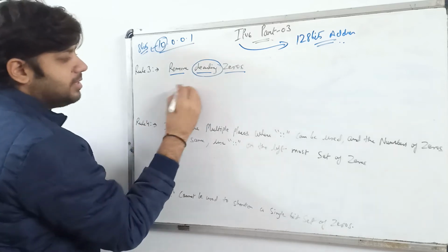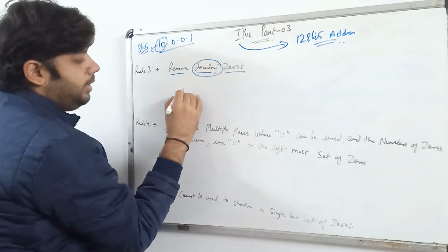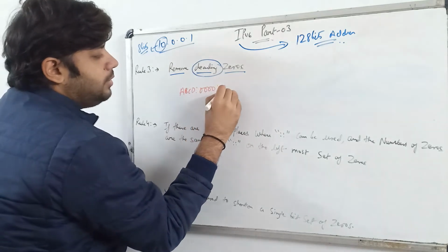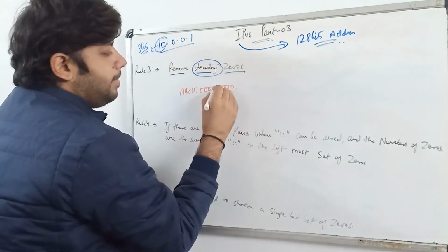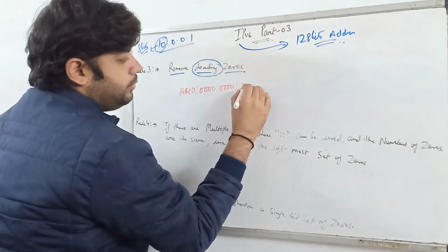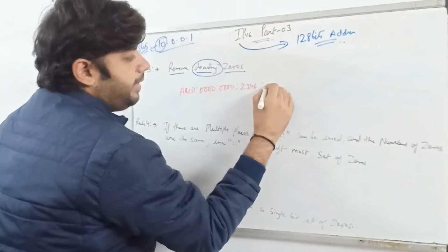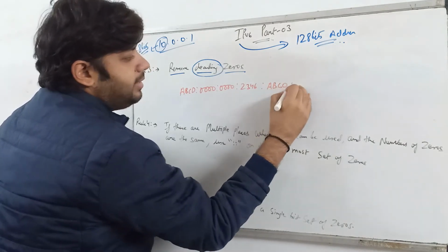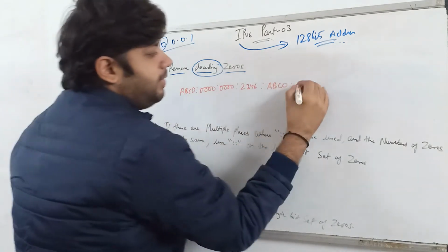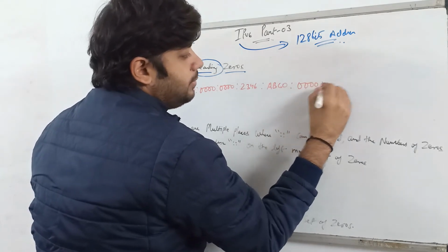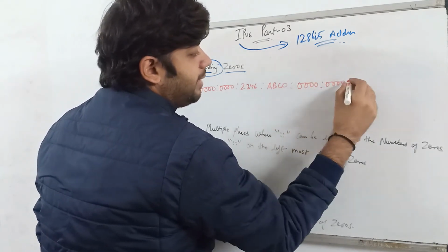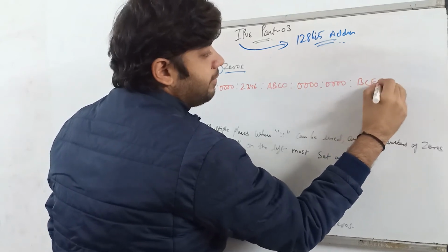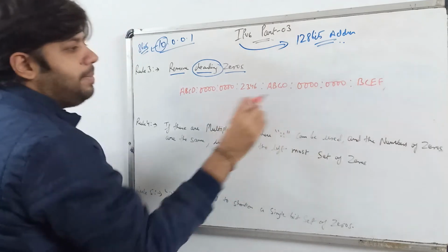we have A, B, C, D, then 0, 0, 0, 0, 0, 0, 0, 0, then 2, 3, 4, 6, then A, B, C, 0, then 1, 2, 3, 4, 5, then 1, 2, 3, 4, 0, then four zeros, and then B, C, E, F. This is my IPv6.